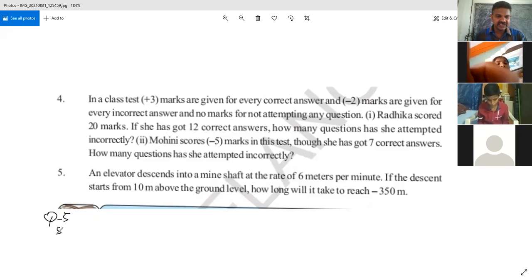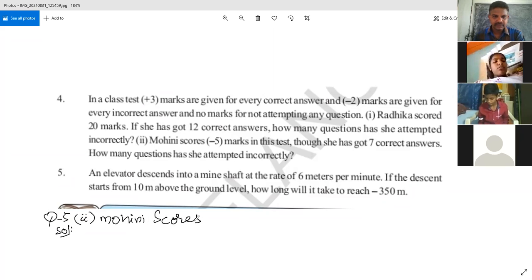Just now, question number 5, the second one. Mohini scores that equals minus 5.